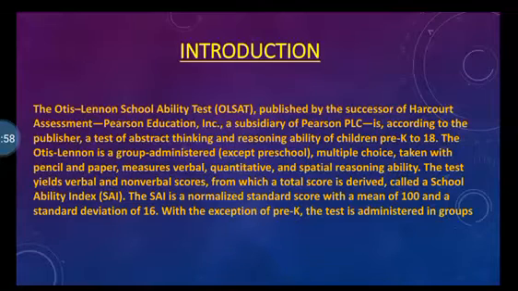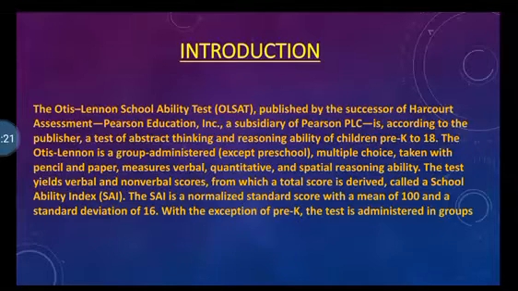is according to the publisher a test of abstract thinking and reasoning ability of children from pre-K to 18. The Otis Lennon is a group administered, multiple choice, paper and pencil test that measures verbal, quantitative and spatial reasoning ability.